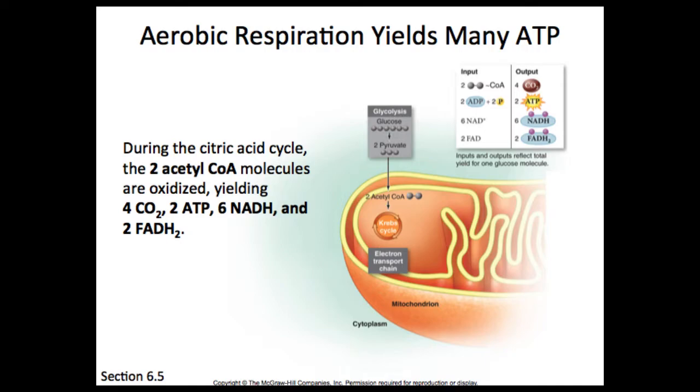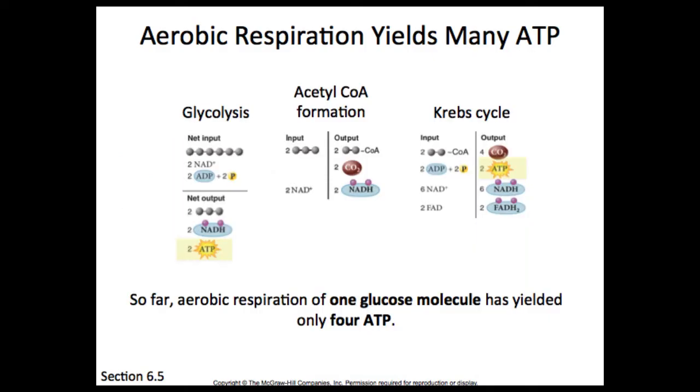During the citric acid cycle, these 2 acetyl CoA molecules are oxidized, which means they lose electrons, and that is going to allow us to yield a little bit of carbon dioxide, which is a waste product, a little bit of ATP, and we're going to be able to use this energy to load tons of electrons into our electron carrier molecules.